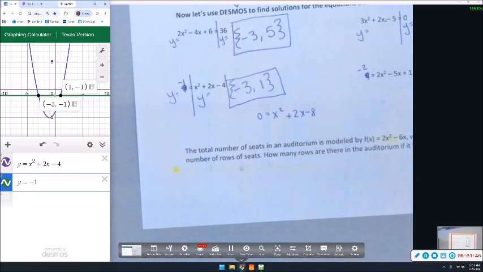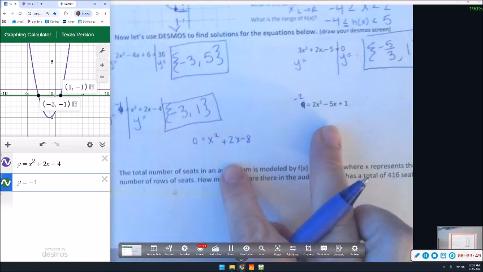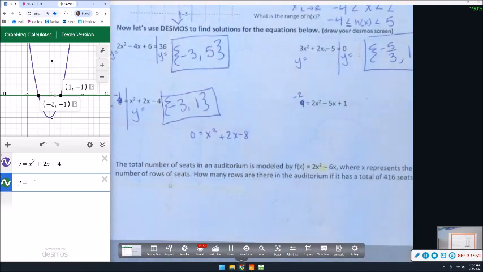Okay, I want y'all to try these two. Ready to go. Try those two on your own.